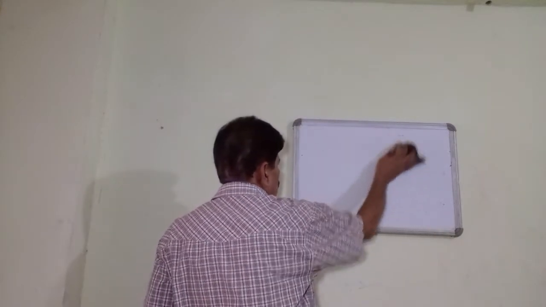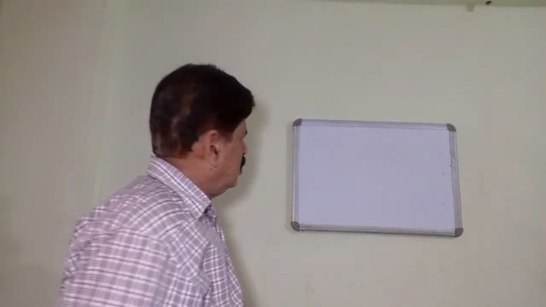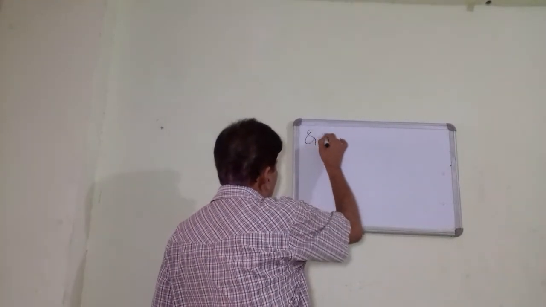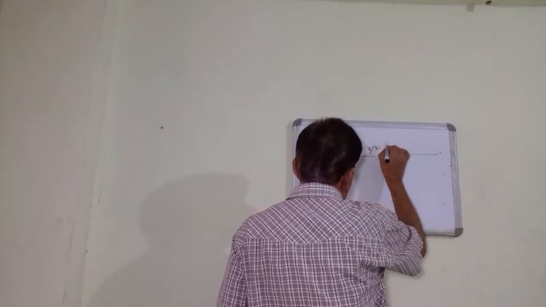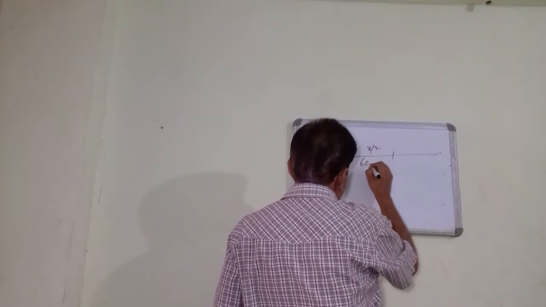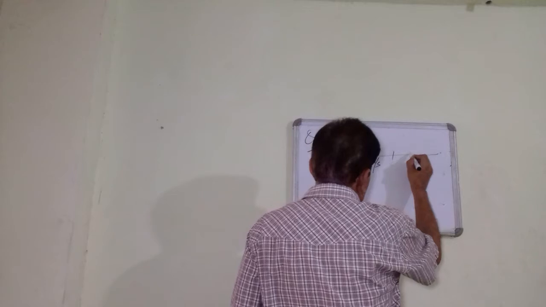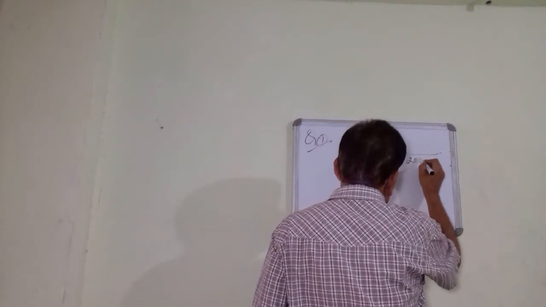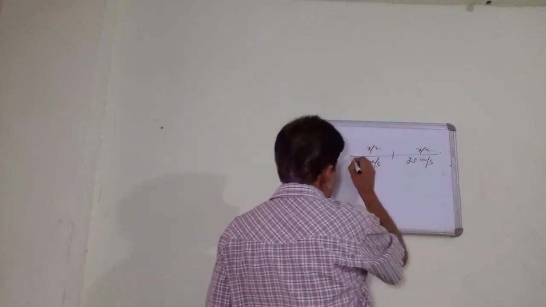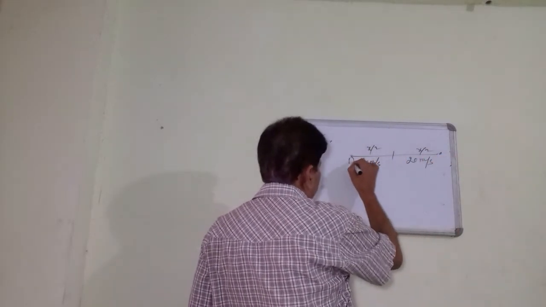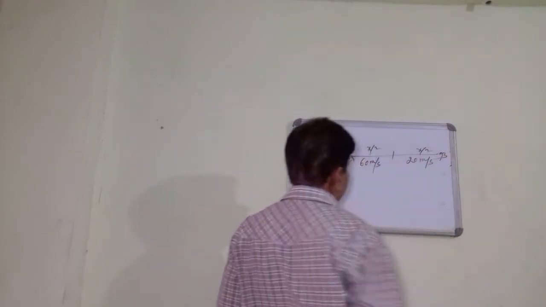For example, one question is here. If the body covers the first half distance with a speed of 60 meter per second and the next half distance with a speed of 20 meter per second, then what is the average speed?